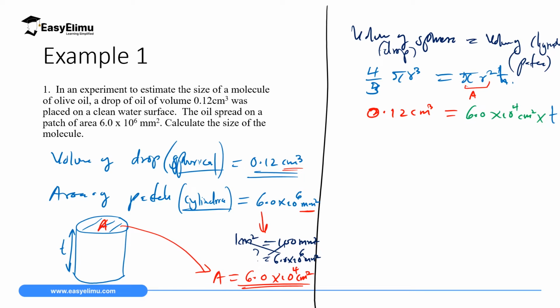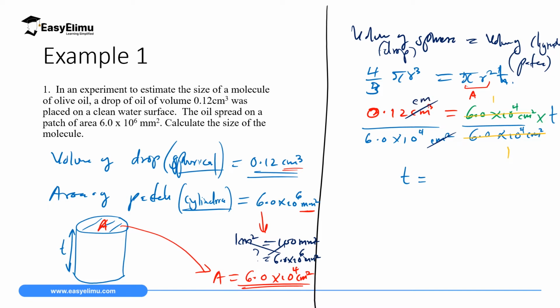So for us to get T, we divide by 6.0 times 10 raised to power 4 square centimeter on both sides. On the right hand side they cancel out, and we will remain with T, which is the size of the molecule. Here on the left hand side, the square centimeter will go with square centimeter on top there, and we will remain with centimeter.